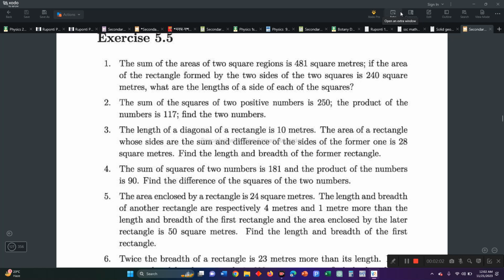What are the lengths of a side of each square? That means we have to determine the value of x and y.